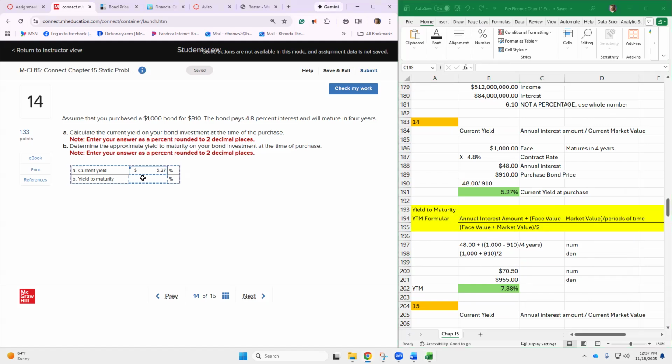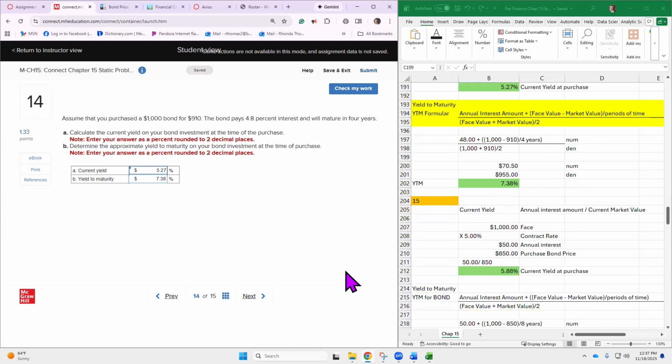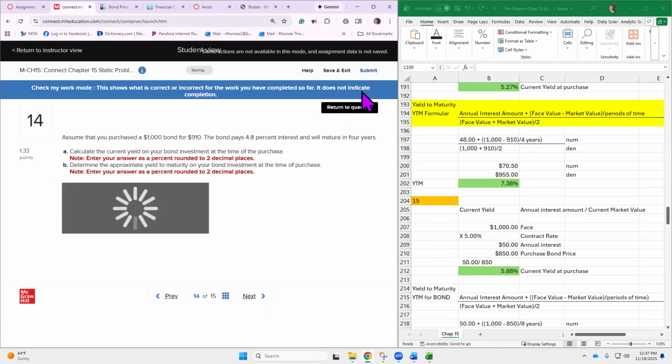And I believe we've got 7.38. So one is a current yield, so that's paying you yearly, but the yield for the 4 years, because of compounding interest, goes up to 7.38%. Okay, I think that's right.